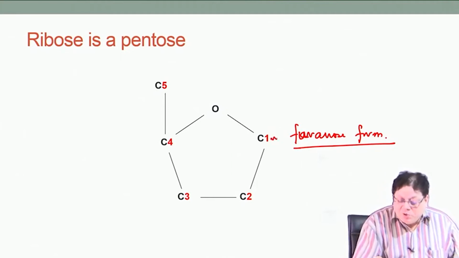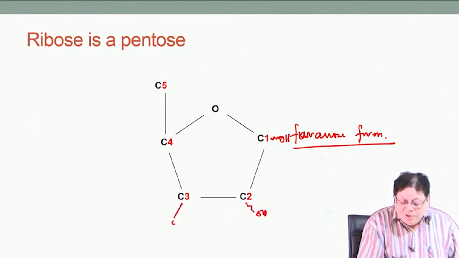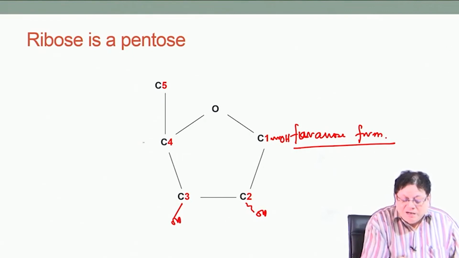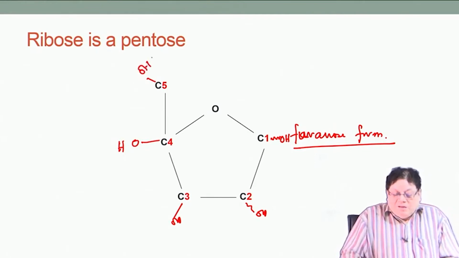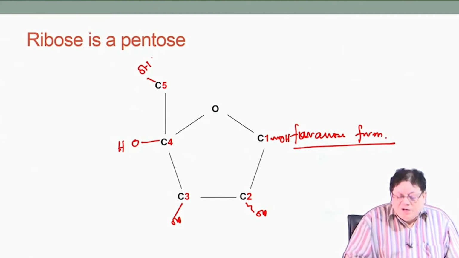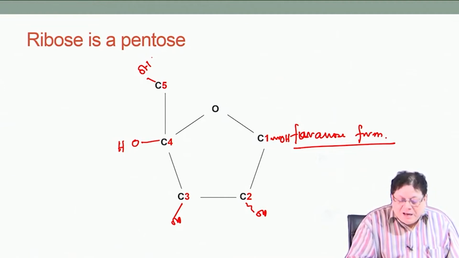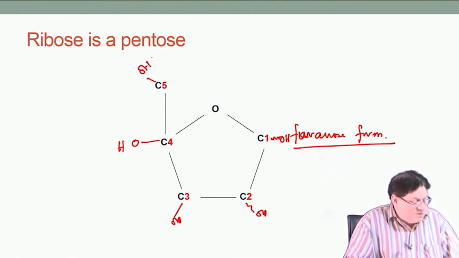Actually, pentose, if you write the wedges, so you have the wedge here, you have a wedge here, you have a wedge here. I am not writing any stereochemistry, wedge here, and there is a wedge there. So, that is an aldopentose with a particular configuration that becomes ribose. Okay. So, that is present in DNA in the furanose form, that means the 5 membered ring.